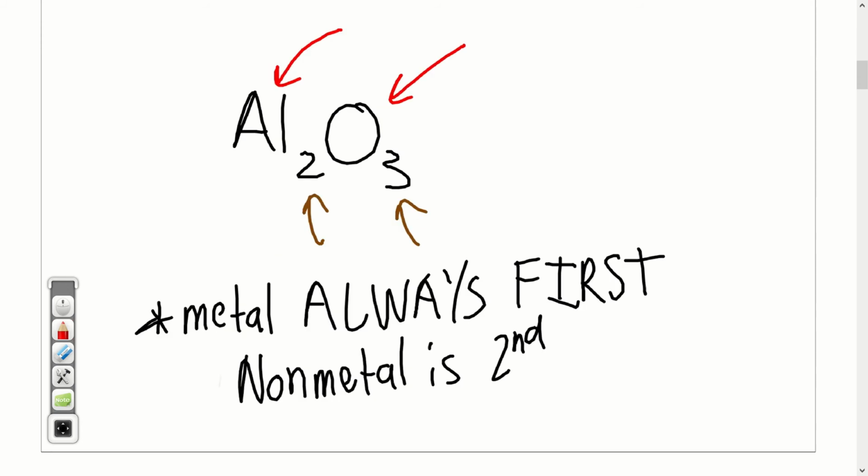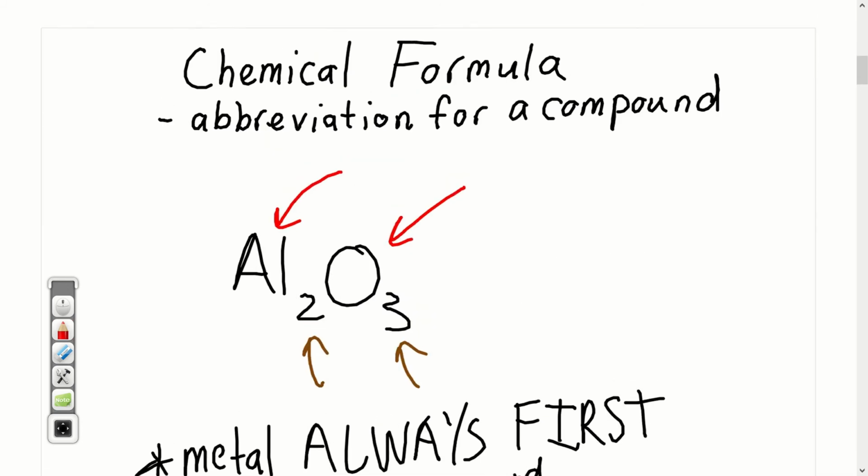What we're going to write is something called a chemical formula. This is the way that we abbreviate compounds. Instead of having to write out the entire name and all the numbers involved, we just write a chemical formula.